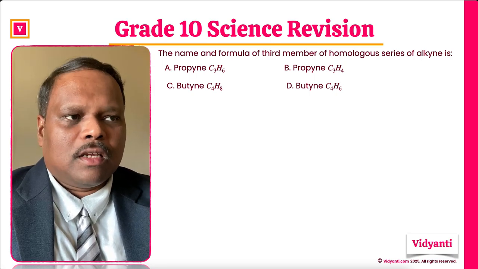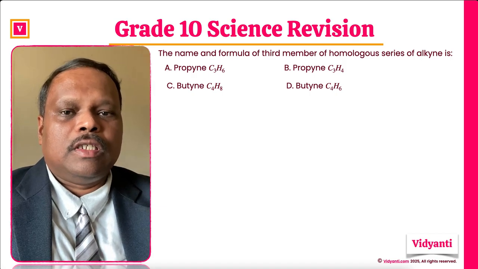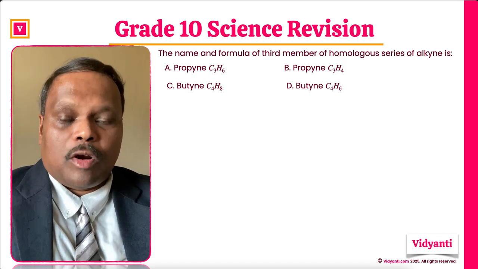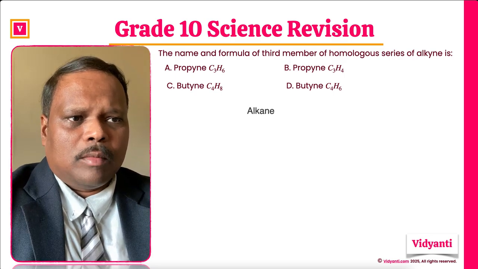Now this is a tricky question. They have asked for the third member. So you will be tempted to take the number of carbon atoms as 3, but let's revisit the table which I was talking about.